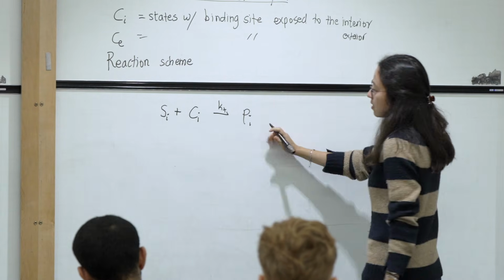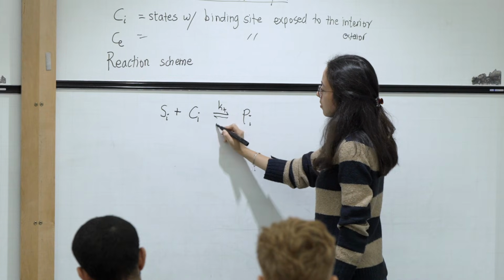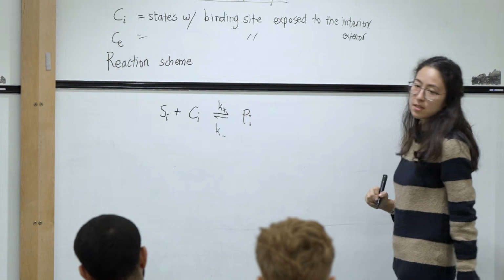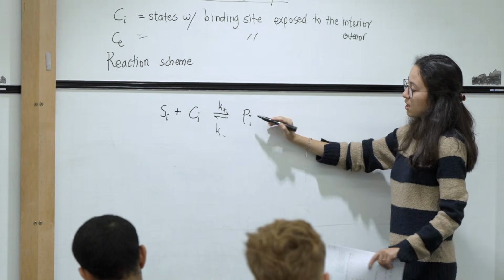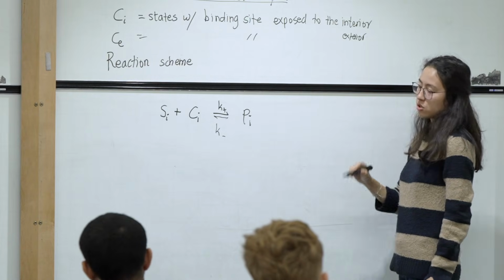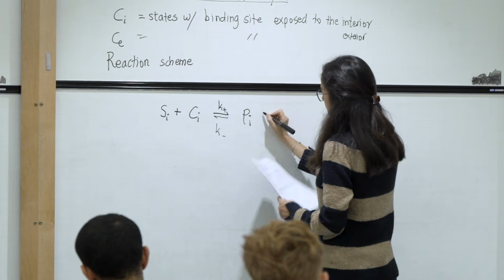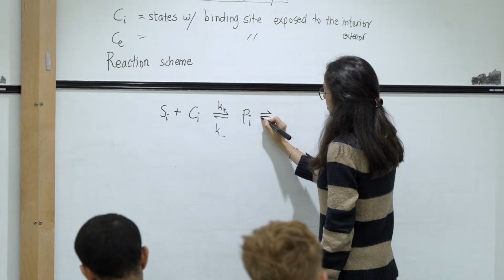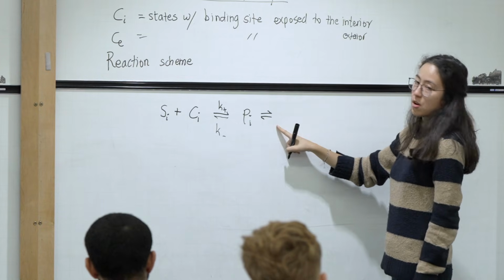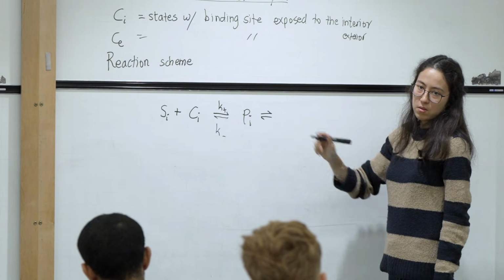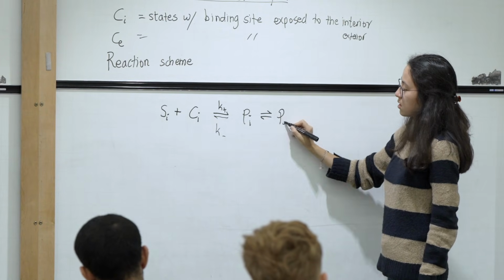So it's a product on the interior. This is also a reversible reaction. I'm going to have K minus. This is not done yet. So now this product can also break down and it can give you a product that is now on the exterior. So this has to do with this rotation that we were talking about. So you can also get PE.